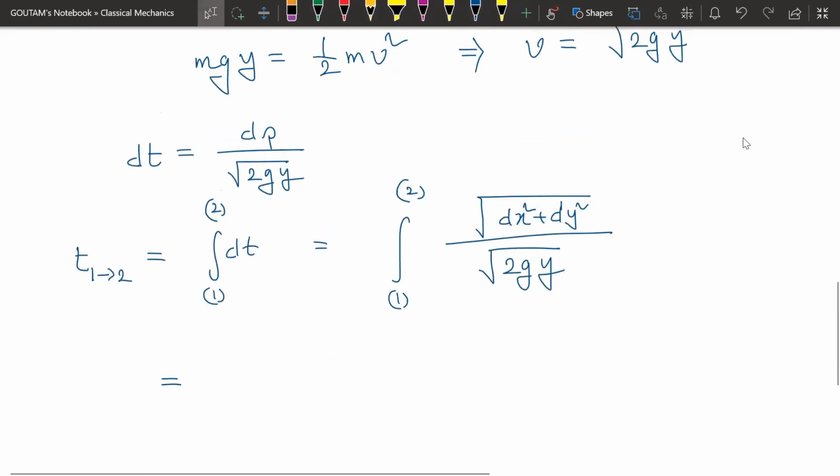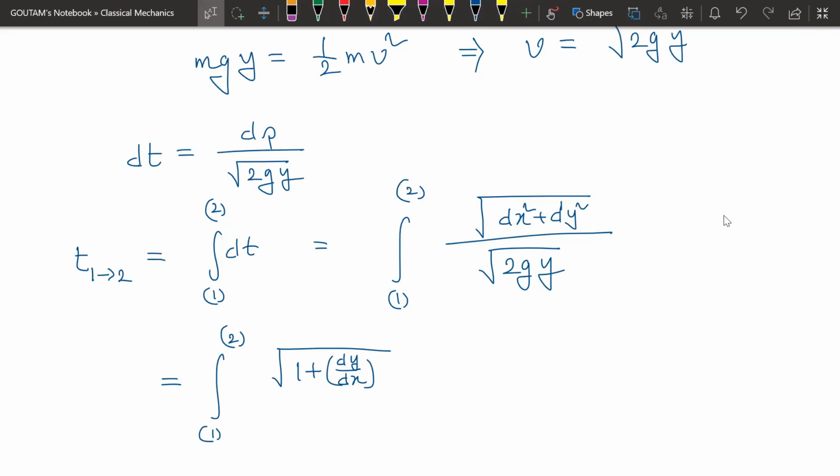Now we can take dx square out, so it will be dx, because there is a root. So in that case, we will get the integration of root under 1 plus (dy/dx) whole square times dx by root under 2gy.